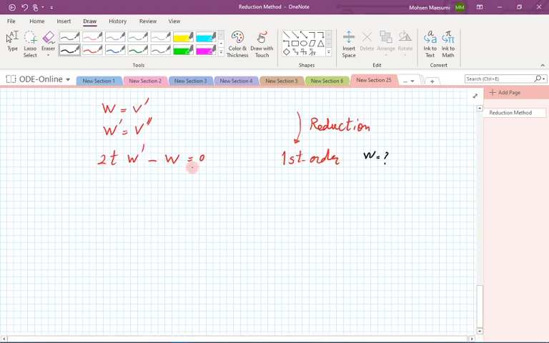So we go back here and say what? Let's write it as 2t. It's first order. You can do it by separation. You can do it by integrating factor. Either way, let me do integrating, which was a very nice method. So we write it in Leibniz notation. We rearrange 2t dw dt is equal to w.